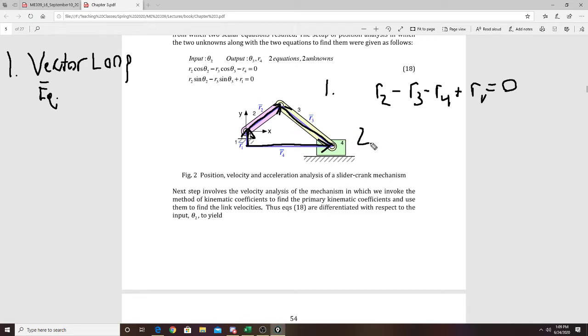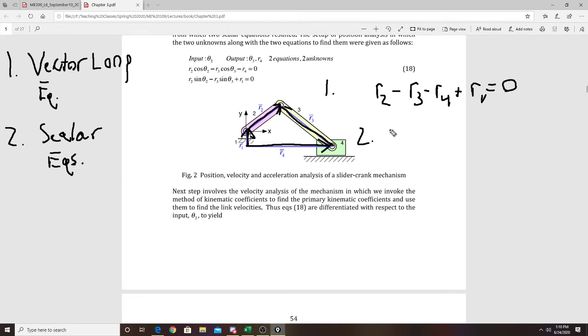Step 2 is to get the scalar equations. So the scalar equations are obviously based off of the vector equations, which are the x and y components of the original vector loop. So let me write that. So we have scalar equations.